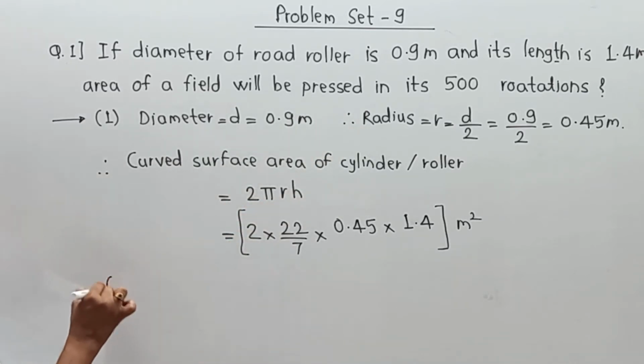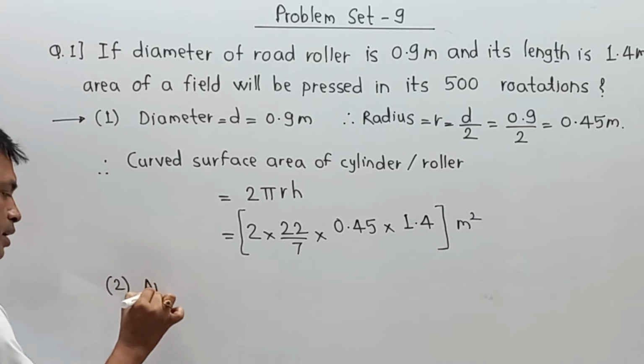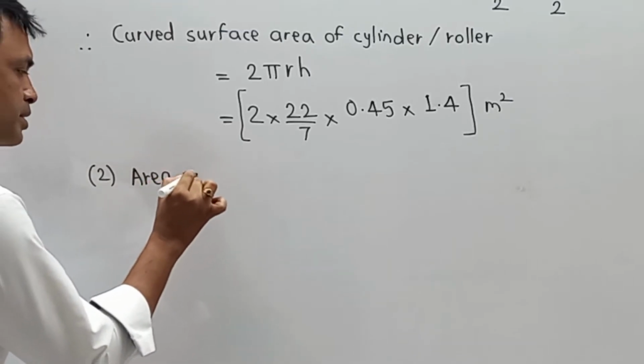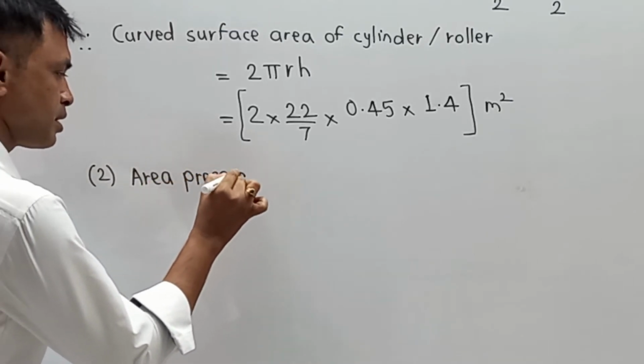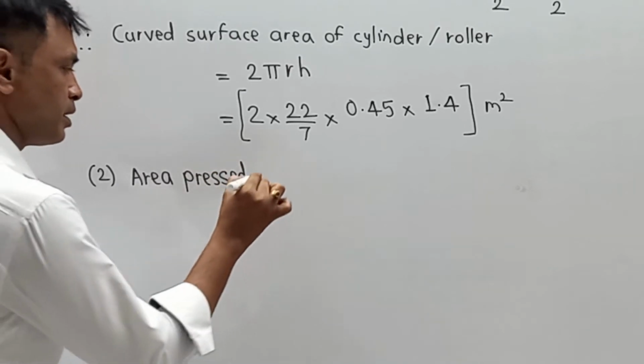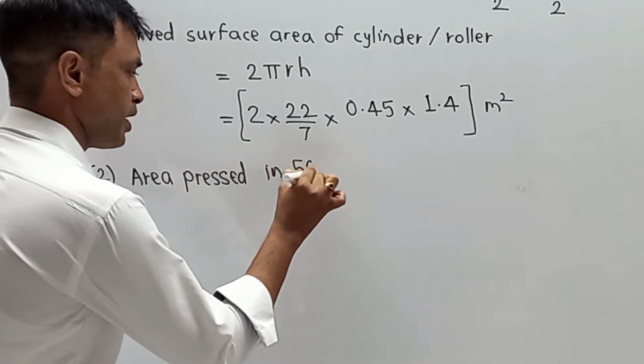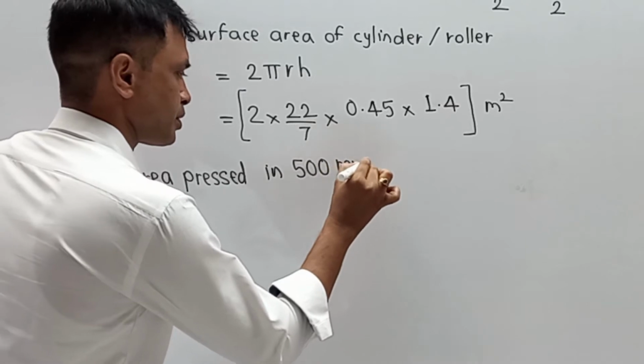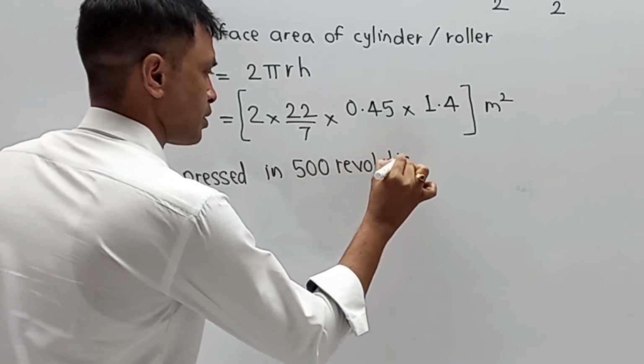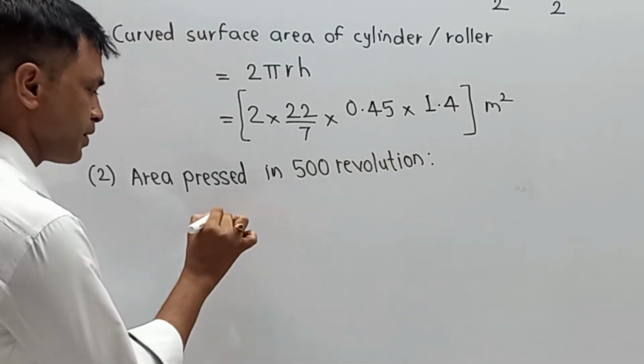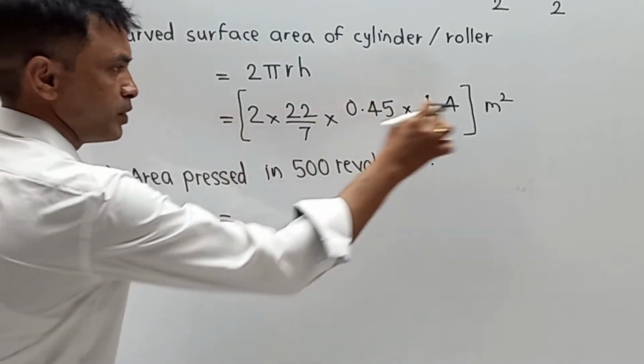So second part, area pressed in 500 revolutions. So definitely we are going to multiply 500 with this unit.